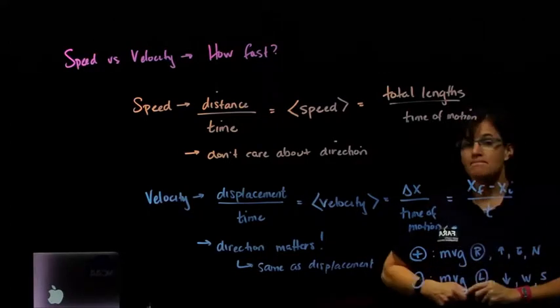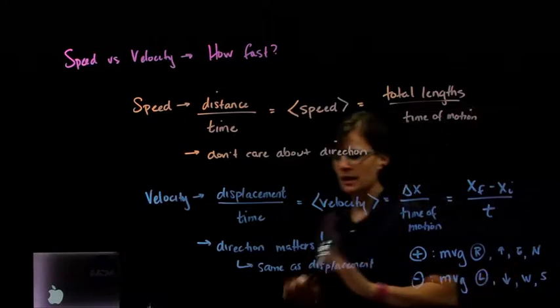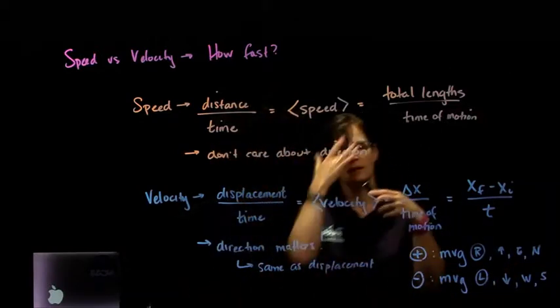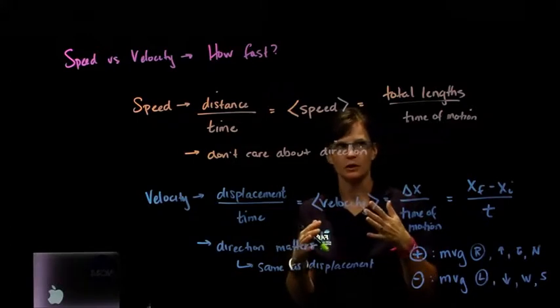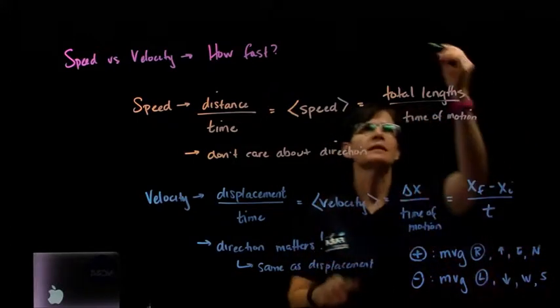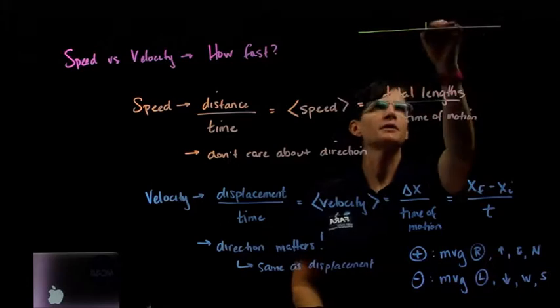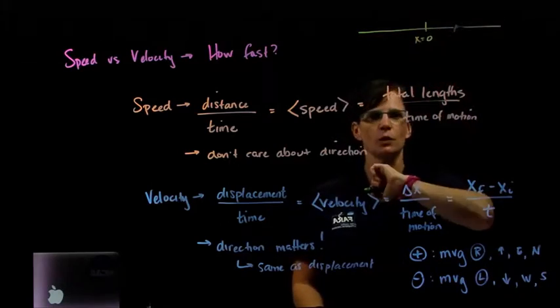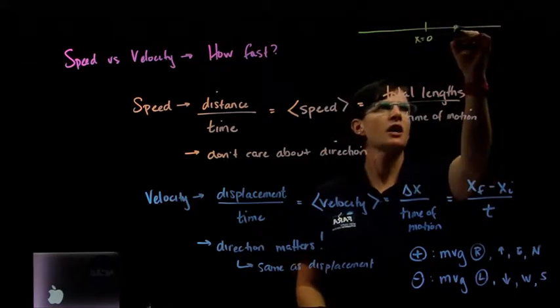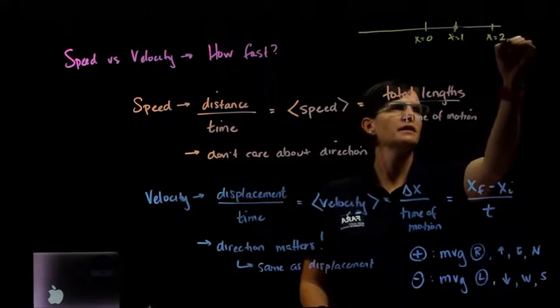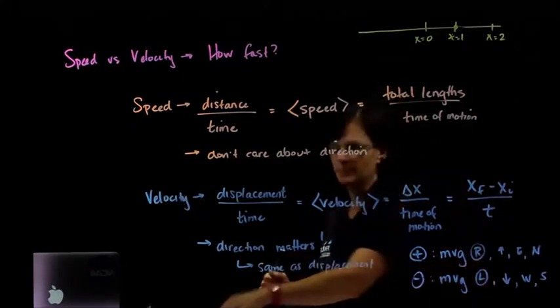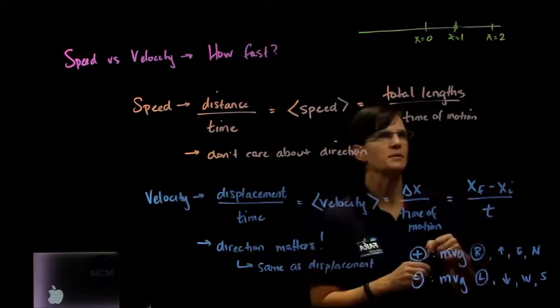All right, so let's just do a quick example on calculating both the speed and the velocity of a motion. Let's define our world real quick. So here's our position equal to 0. We'll do a very brief example, and then we'll do some more practice ones later.